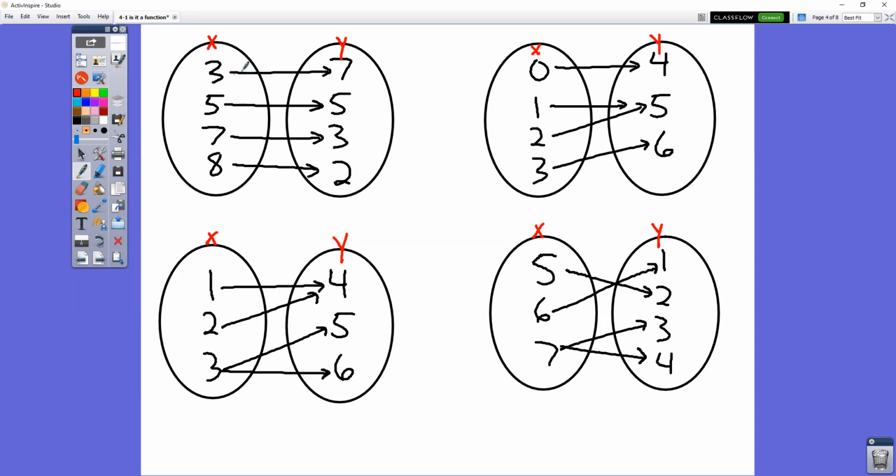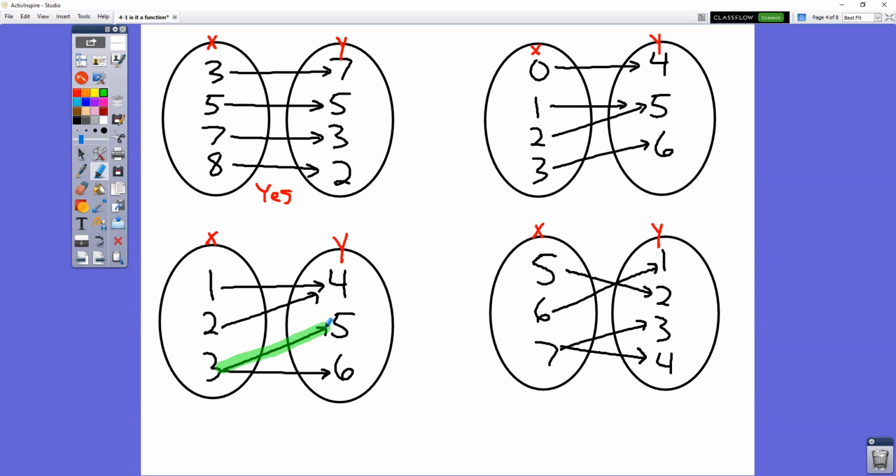In this one, I have one arrow coming out of the 3, one arrow coming out of the 5, one arrow coming out of the 7, one arrow coming out of the 8. I'm using each of these X values only one time. Therefore, this one is a yes. But if we look at the one below it, notice that we have 1, 4, 2, 4, but here you have to be very, very careful.